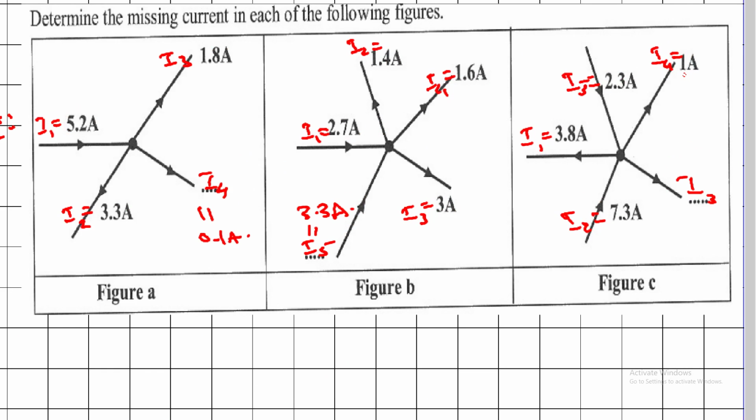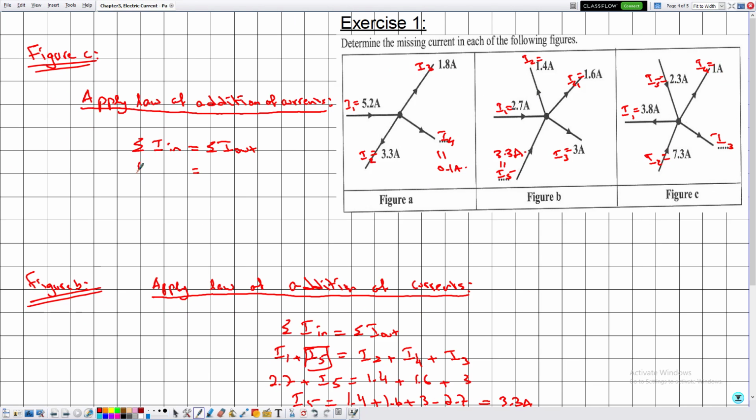I5 is entering the node, as well as I2, because these are pointing toward the node, whereas I1, I3 and I4 are leaving the node. So I2 plus I5. As for the currents leaving the node, we have I1 plus I3 plus I4. Knowing that we are interested in determining I3, it's kept as a variable.